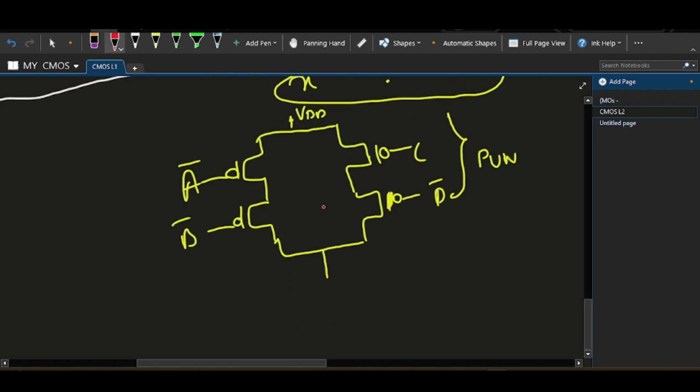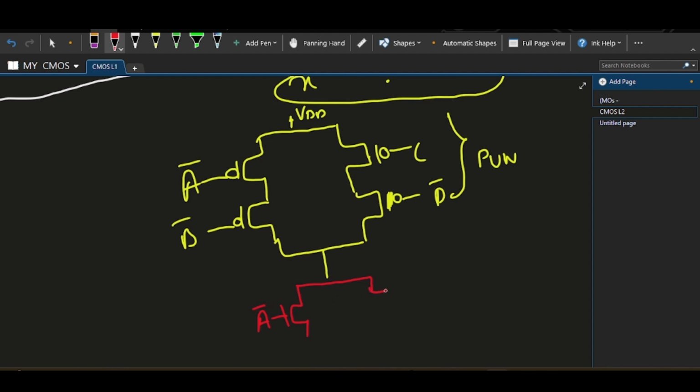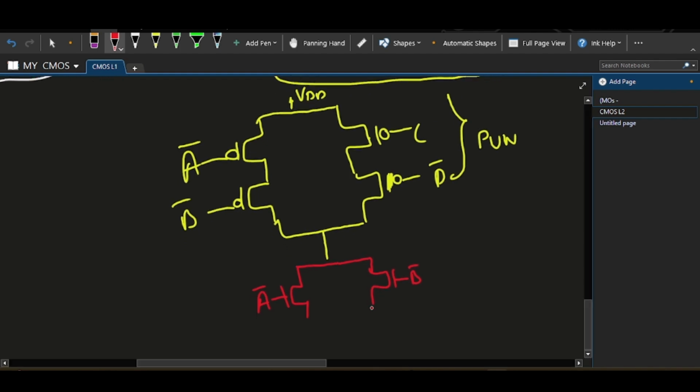Now I am going to create a pull-down network. You can do this by going to the lookup table. One short trick is that if A bar and B bar are connected in series in PMOS, then in NMOS they would be connected in parallel. So I'm just going to connect them in parallel.